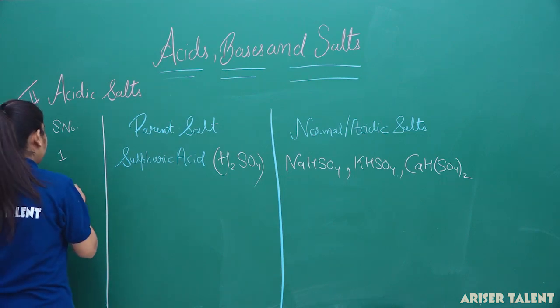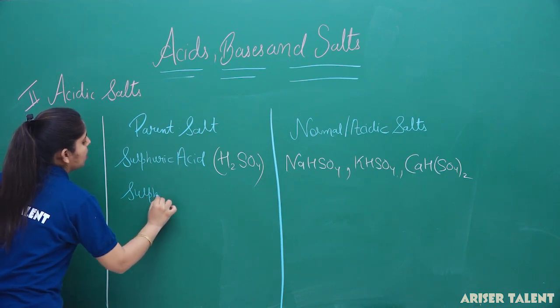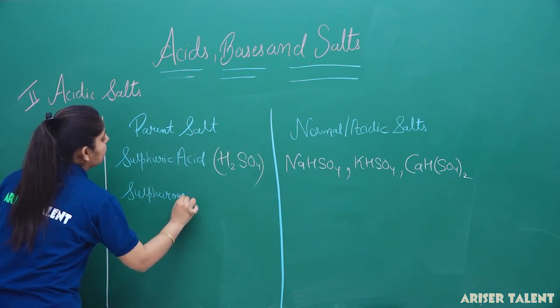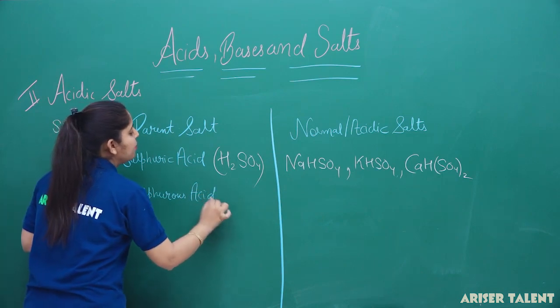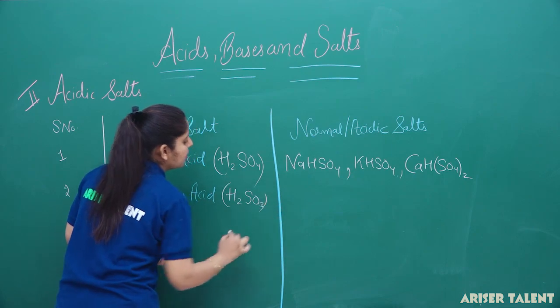Now we have our second category. Our second category will be sulfurous acid. For sulfurous acid, we have the general formula H2SO3.